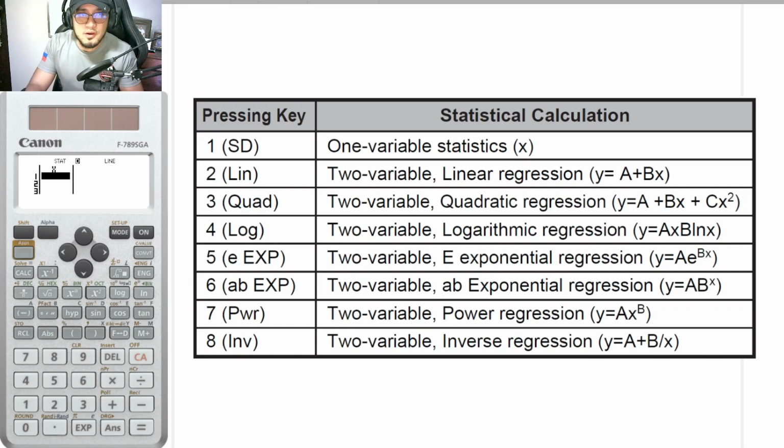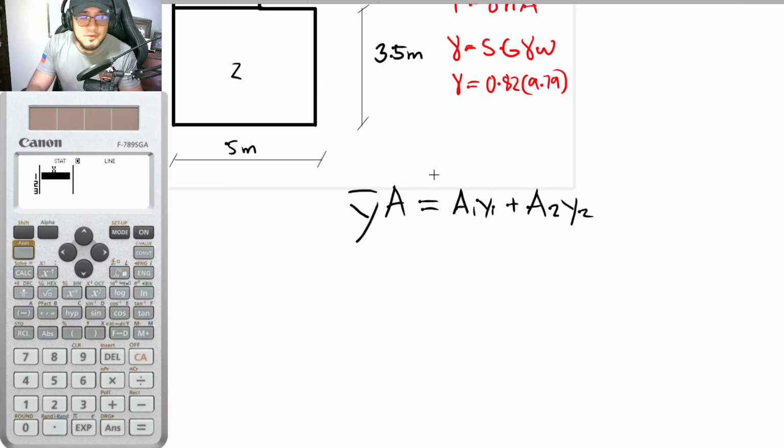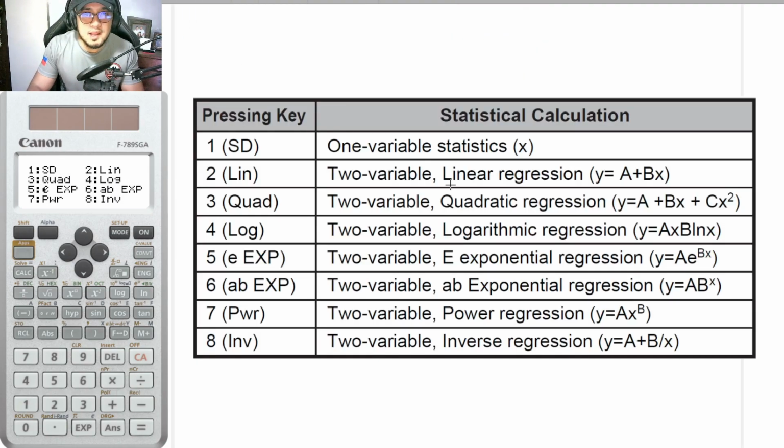But once again, for us to maximize the potential of this calculator in solving for Varignon's theorem, we would click mode, stat, and we will select any 2-variable mode, because we need 2 columns. So I would click 2, the linear one first.